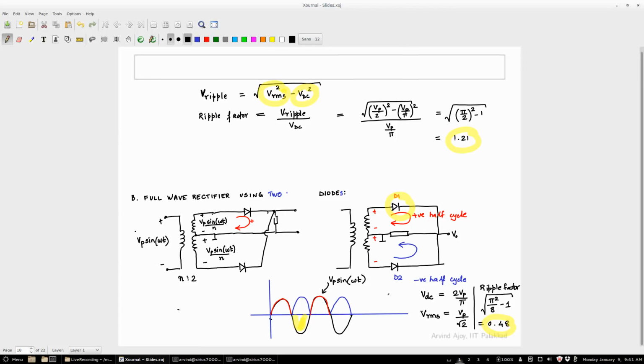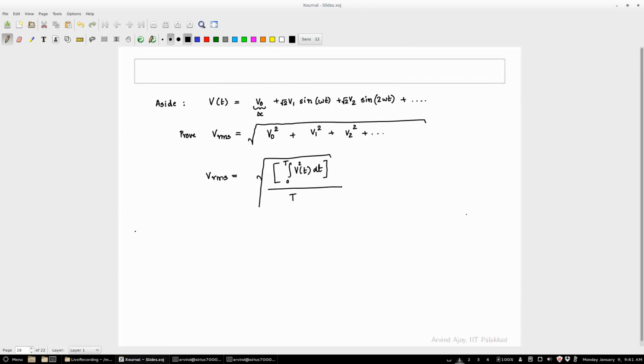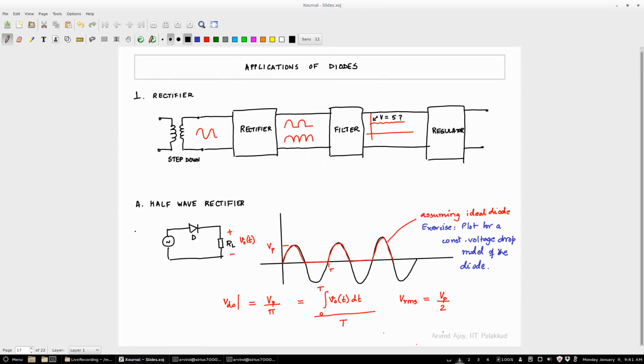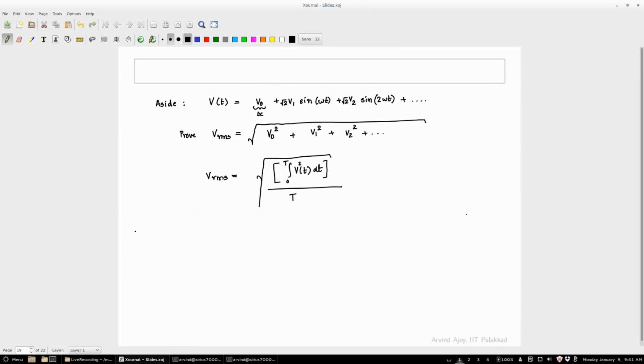So over here, for example, you want D1 to be on for some portion of time, and D2 to be off at that time. That means D2 should not break down. Basically, you should calculate what is the voltage across D2 when D1 is on, and you have to find out what is the maximum of that, and your breakdown voltage should be more than that. Otherwise, it will break down. Then you won't get a rectifier. So all of these things.